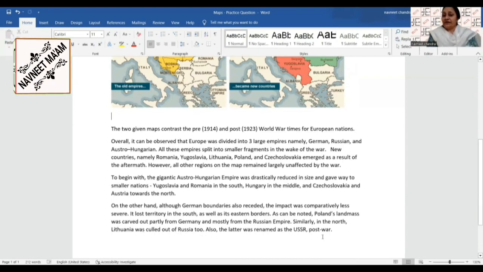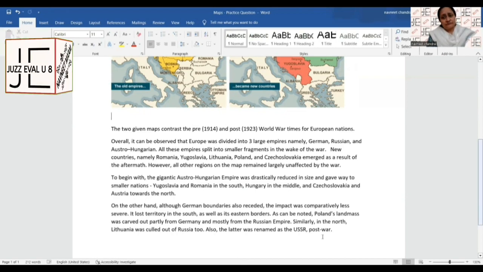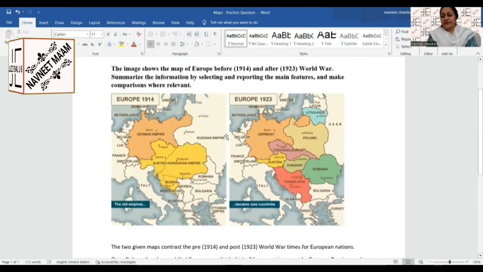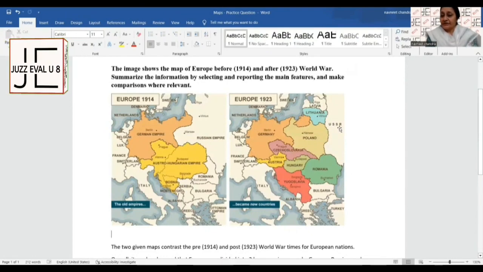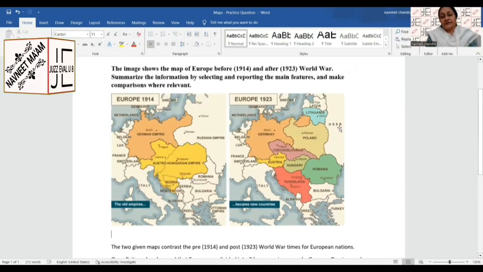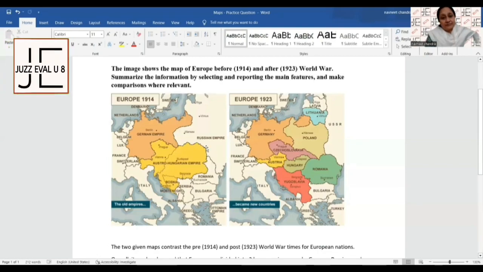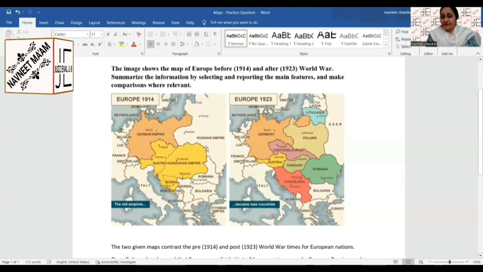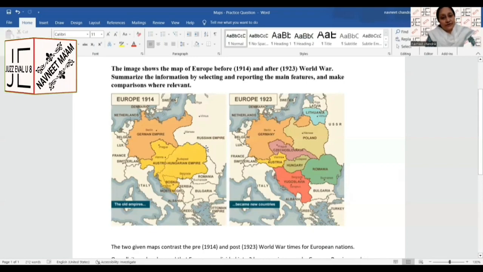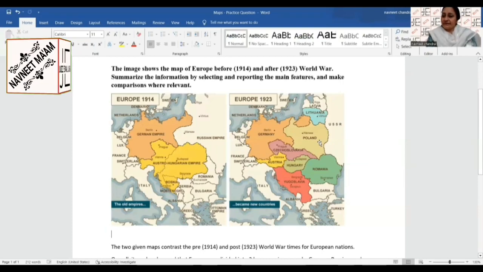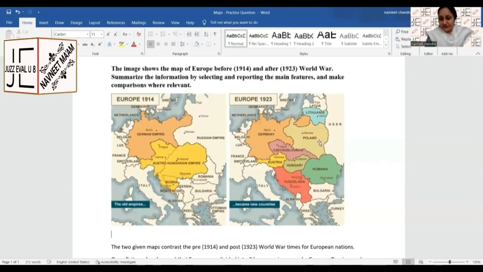Also, the latter was renamed as the USSR post-war. So earlier it was known as the Russian Empire. So this also came to be known as USSR. So these are the marked changes that you can see on the map. Just take 3 to 4 minutes to look at the map, to look at the changes that have taken place, and then summarize and write about these main changes.